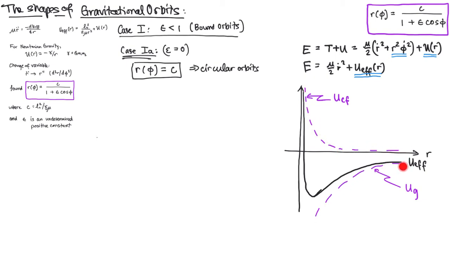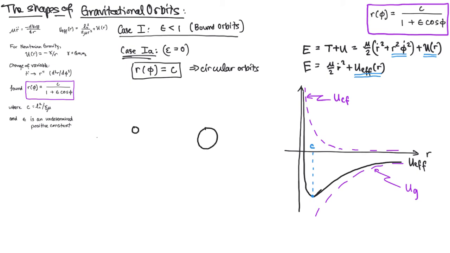We have here the minus 1 over r potential for gravity, and when we add them together, we get the effective potential. So what does this mean? Case 1a, epsilon equals 0, r equals a constant c. Well, that corresponds to the situation where the particle sits at a single r coordinate. Okay, and it does not grow or shrink. Okay, so we have a two-body system, which in general could have two different shape masses.